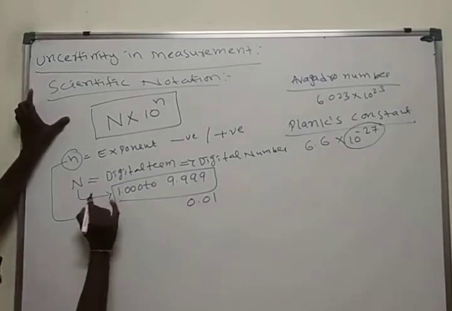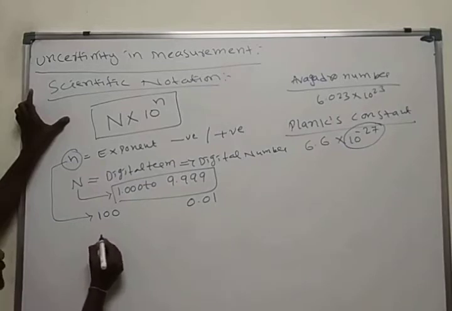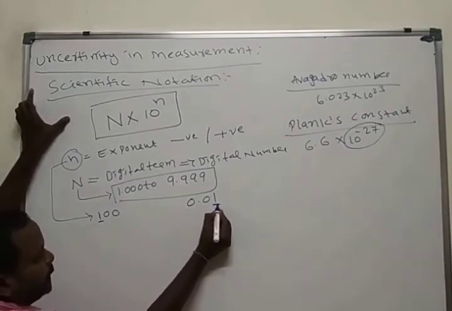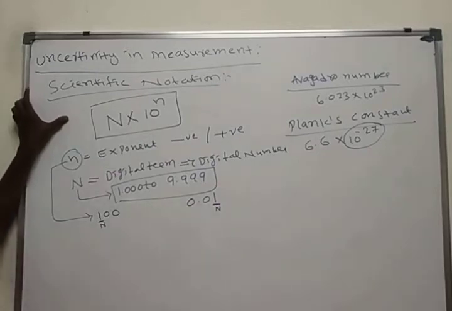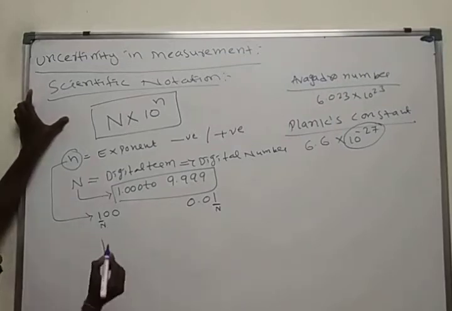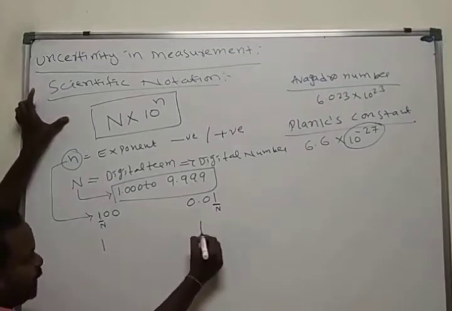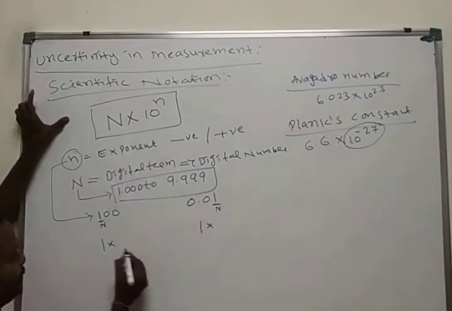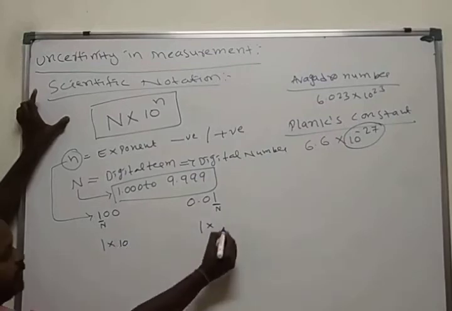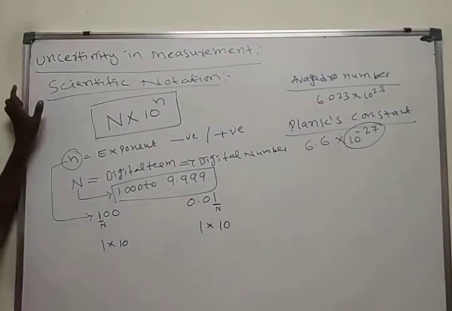First write the digital term, the capital N, which is 1 here, and also 1 here, into 10, with 10 as the base.